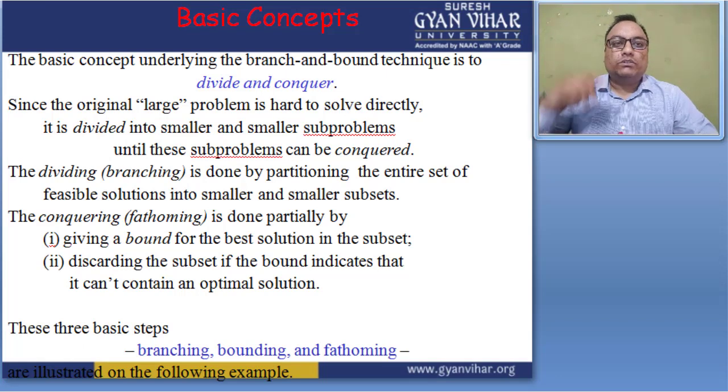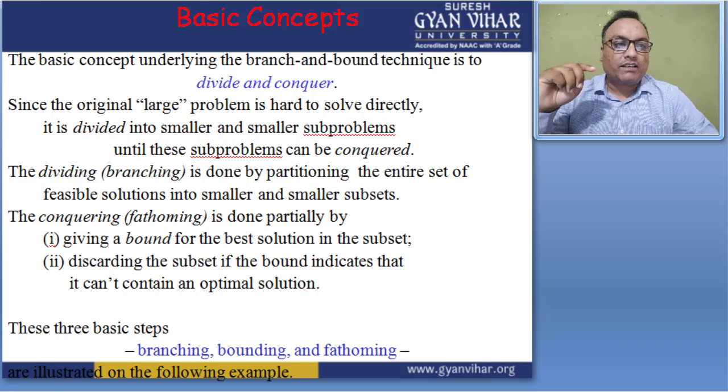You take one big problem and convert it into different small steps. The conquering is done partially by first giving a bound for the best solution in the subset, and discarding the subset if the bound indicates that it cannot contain an optimal solution.